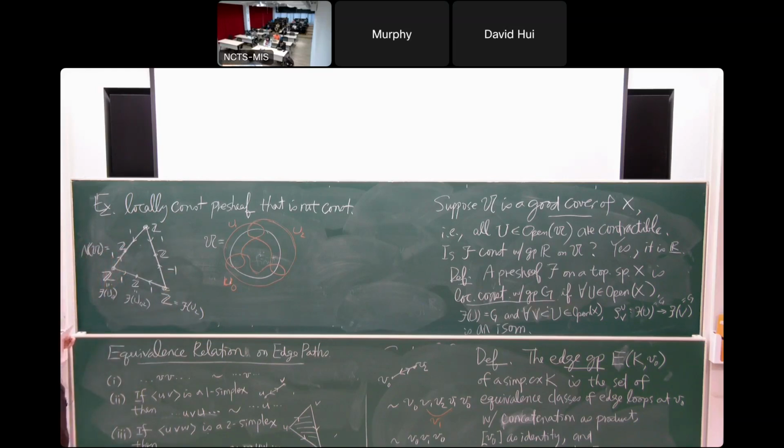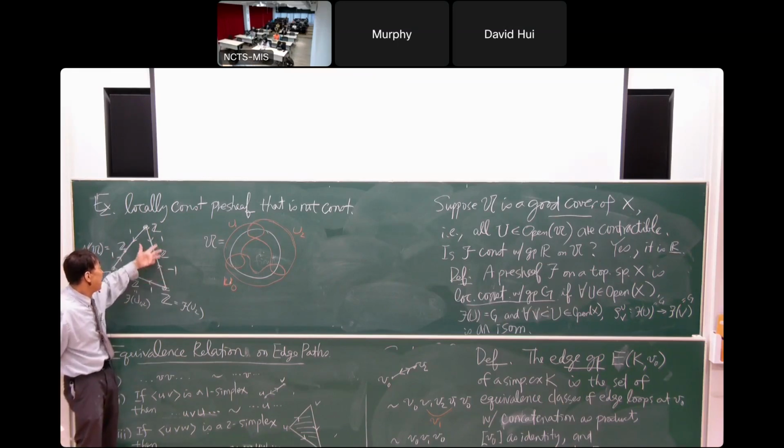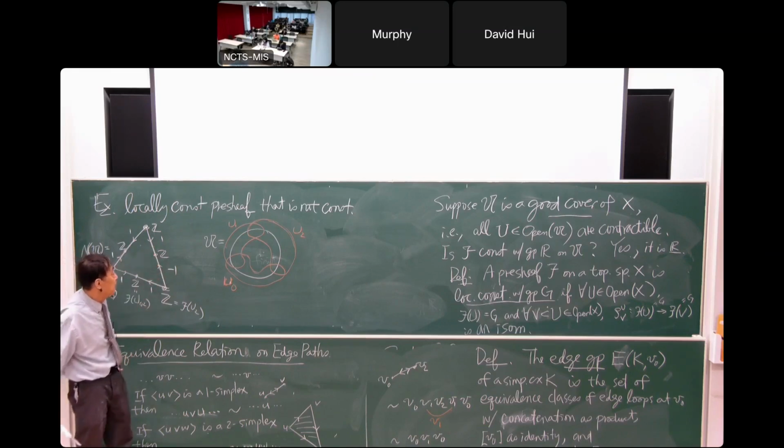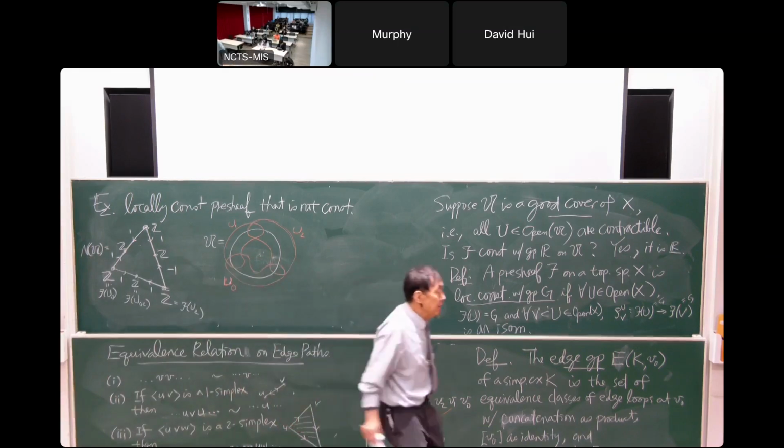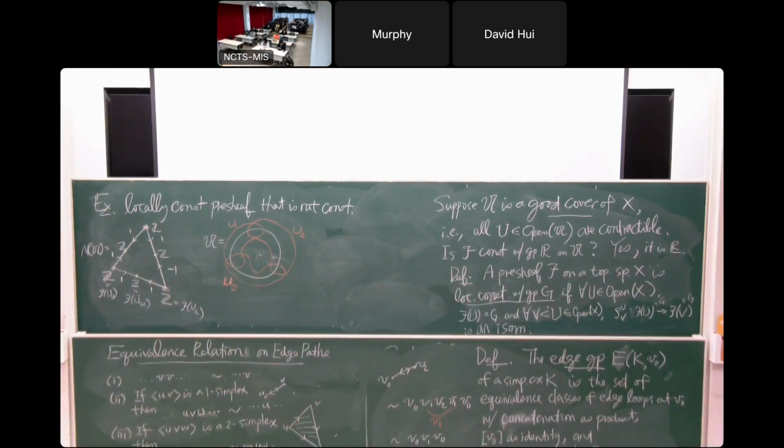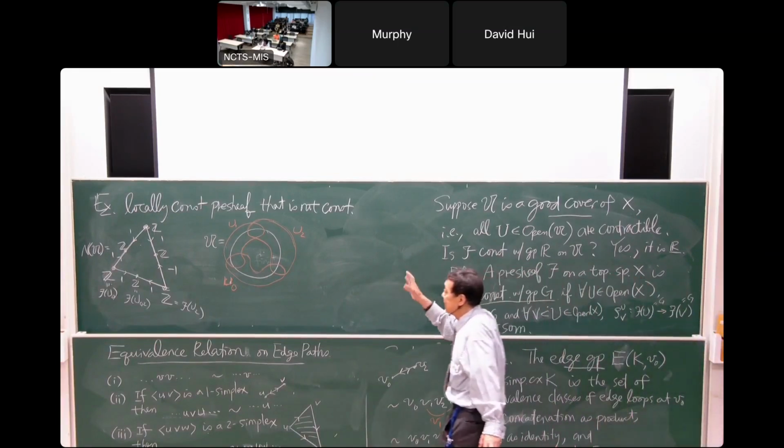So it's an isomorphism. So this picture is a presheaf on the open cover, and these are the restriction maps. And you see that the restriction maps are all isomorphisms, so it's locally constant, but it's not constant, because not all the restriction maps are identities. Okay, let's take a break for 10 minutes, and then we'll continue with this.